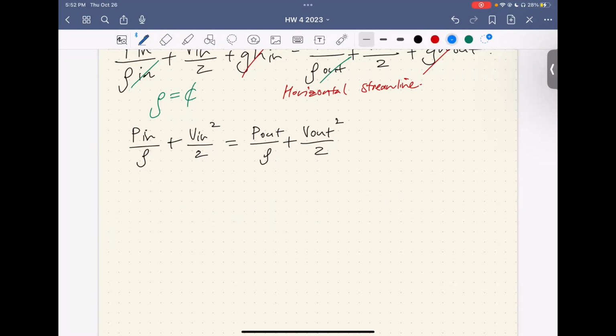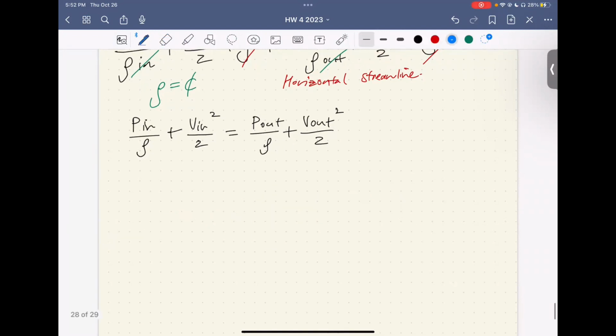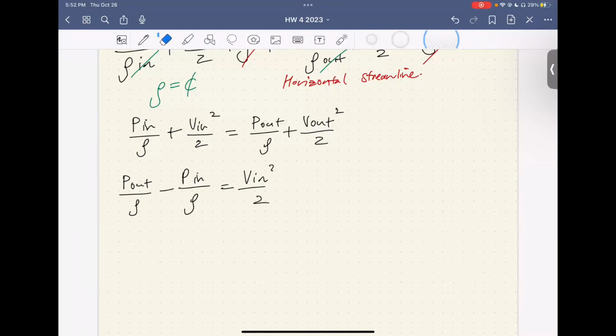So that is our P in, right? So let's keep simplifying this for our P out. We can then move everything over to one side. So P out over rho minus P in over rho is equal to V in squared over 2 minus V out squared over 2.